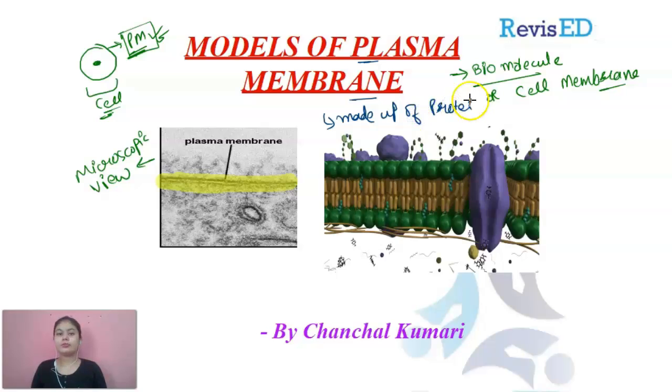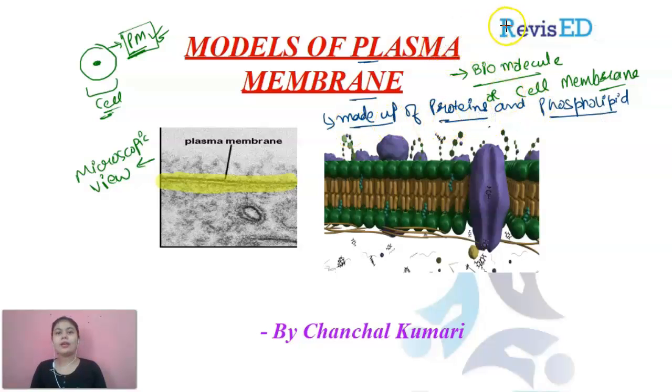And these green parts having a head and tail are our phospholipid. This is a layer of phospholipid. We will discuss the amphipathic nature of phospholipids in later classes.